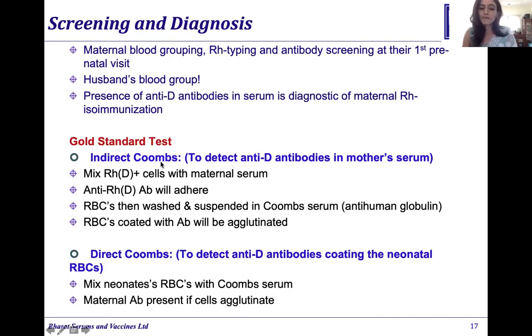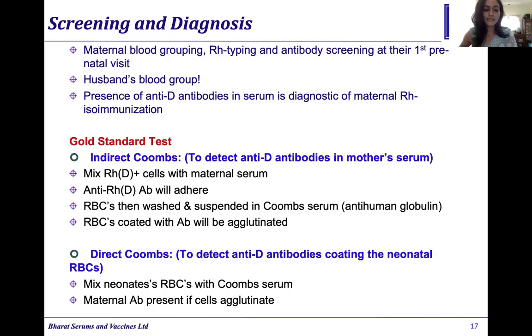So this is very basic, but it took me a long time in my residency, probably even after my residency, to really understand this simple concept of indirect Coombs test and direct Coombs test. Indirect Coombs test looks at the mother, it's done on the mother. Direct Coombs test is done on the neonate. So what the indirect Coombs test does is detect anti-D antibodies in the mother's serum, free-flowing anti-D antibodies.